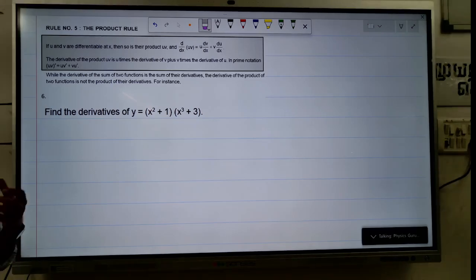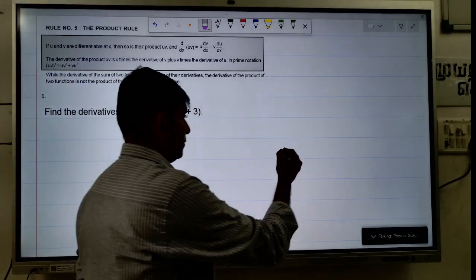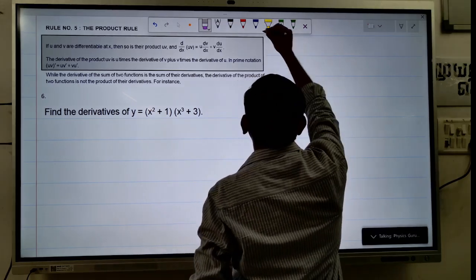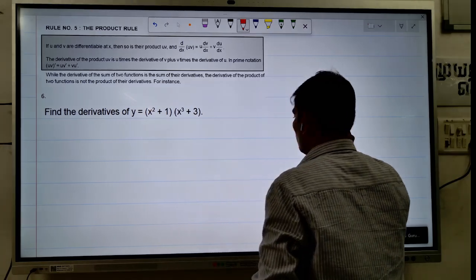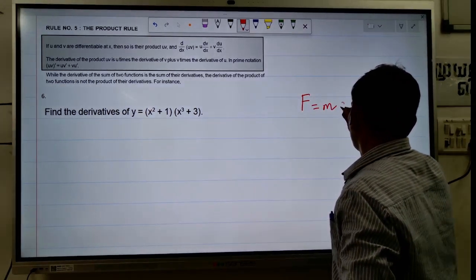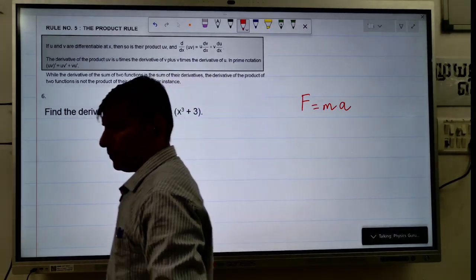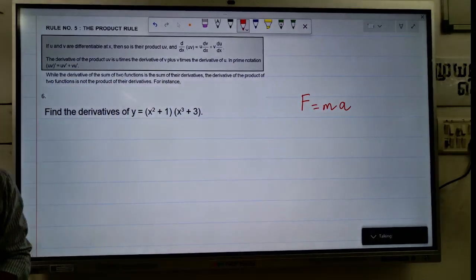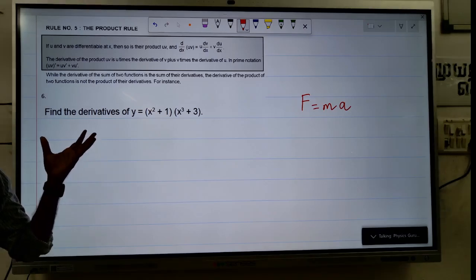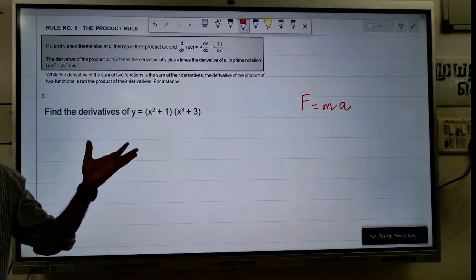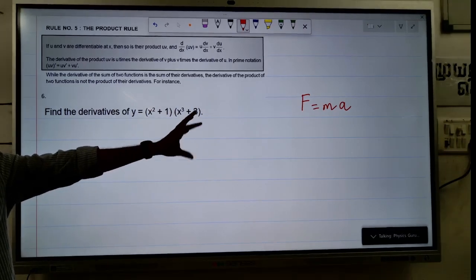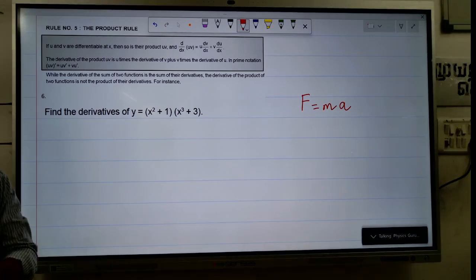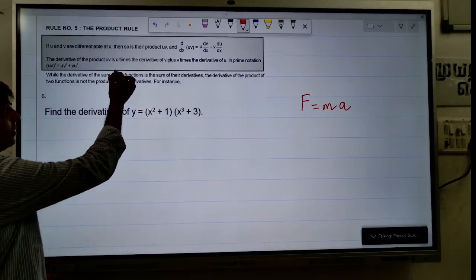You all know a formula, F is equal to m into a. I'm going to say, I won't agree this formula as a universal one. I'll tell you why once you understand this rule.